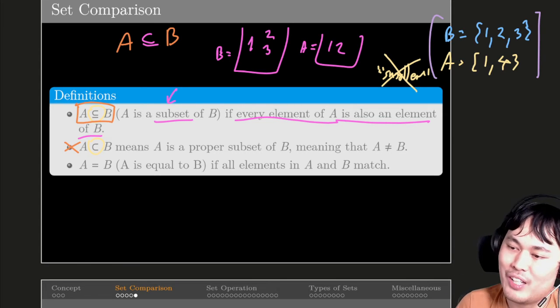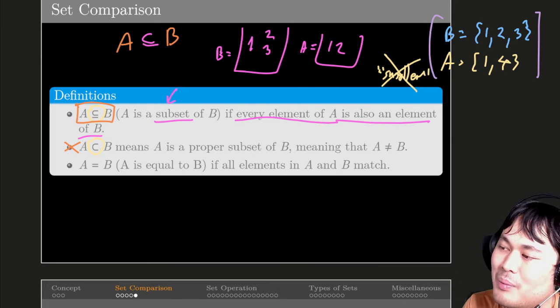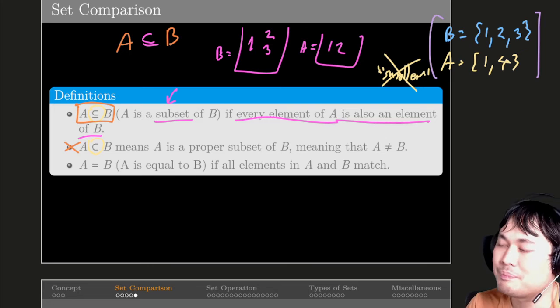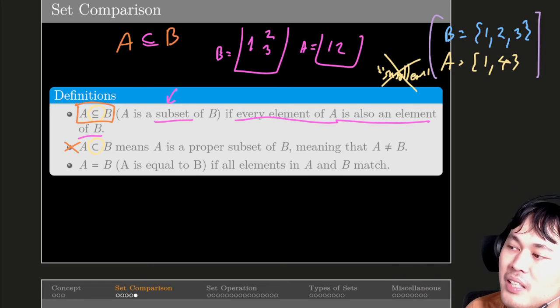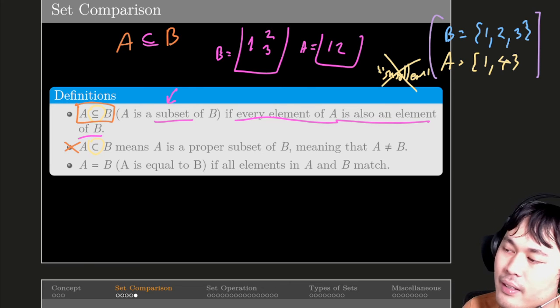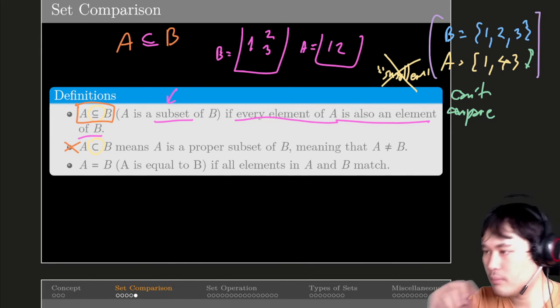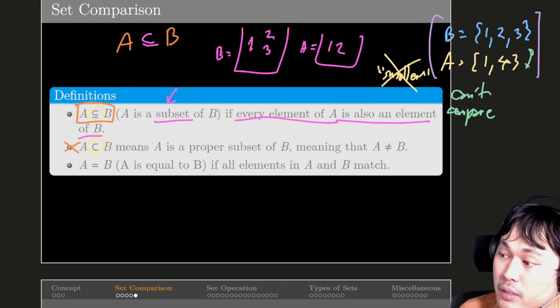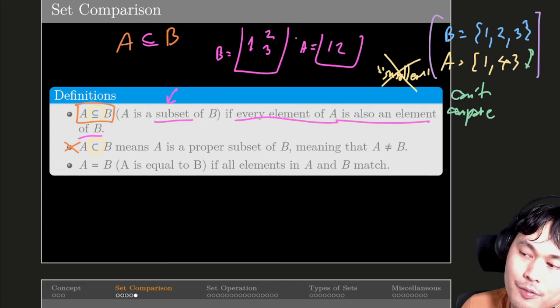If you have higher quality people, but a smaller number of people, is it better or worse? And so this kind of comparison would be considered meaningless in math. We can't compare A and B if the elements don't match. We can only compare them if the elements match.